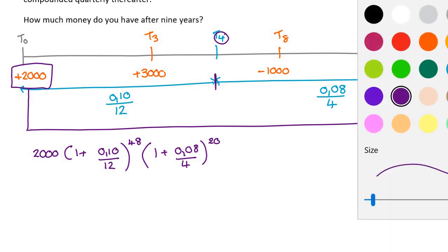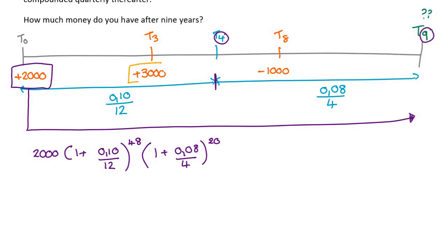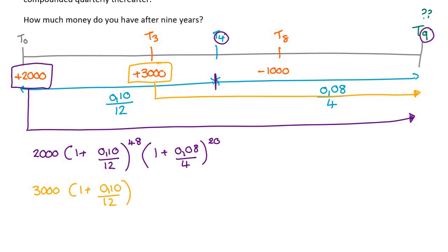Now, let's pretend I just had 3,000 on its own. What is 3,000 Rand worth all the way at the end? So 3,000 Rand will be invested at 10% compounded monthly, but only for 1 year, because from 3 to 4 is only 1 year. So that's 12 months. Then it's 8% compounded quarterly for the full 5 years.